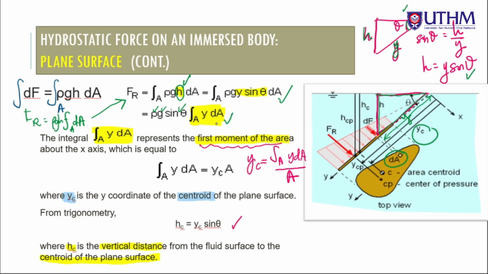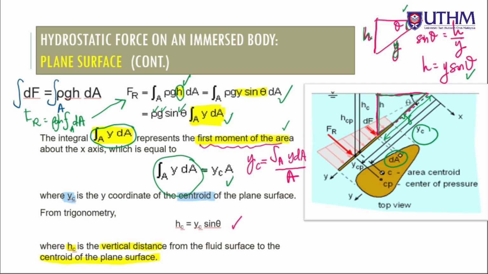Actually this integral of y dA can be considered as the first moment of area about the x-axis, which is also equal to YC times the whole surface area of the plane.